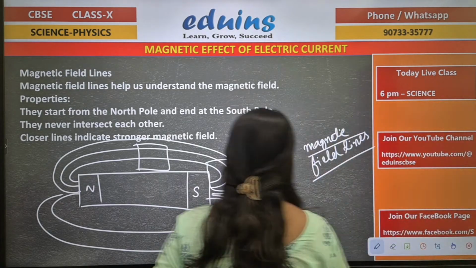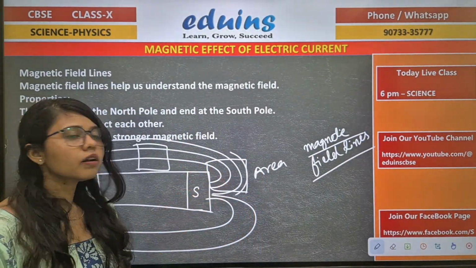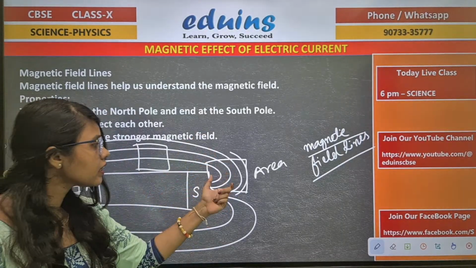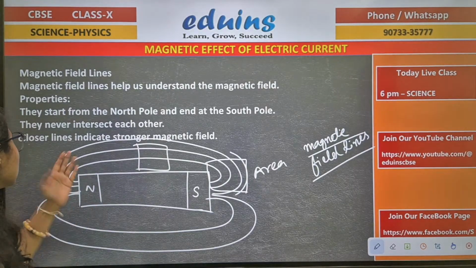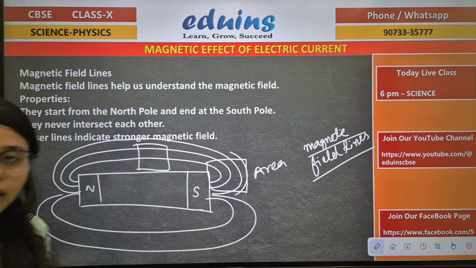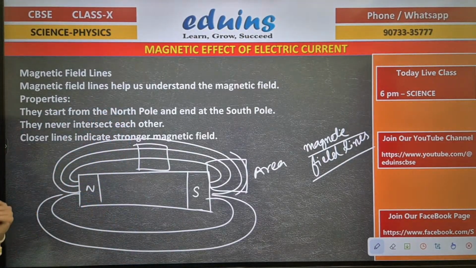Where the number of field lines is greater, there is a stronger magnetic field because the density of the field lines is greater. So closer lines indicate a stronger magnetic field and farther lines indicate a weaker magnetic field. These are the key characteristics of magnetic field lines.